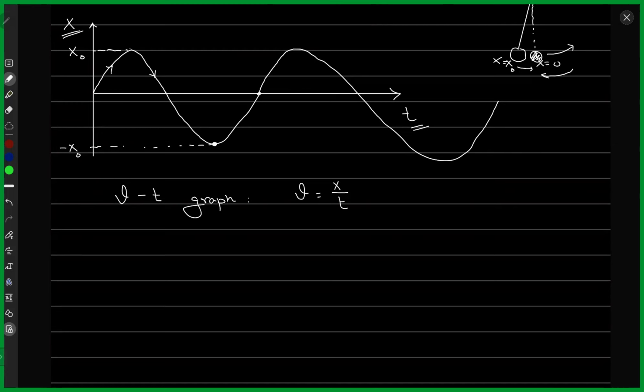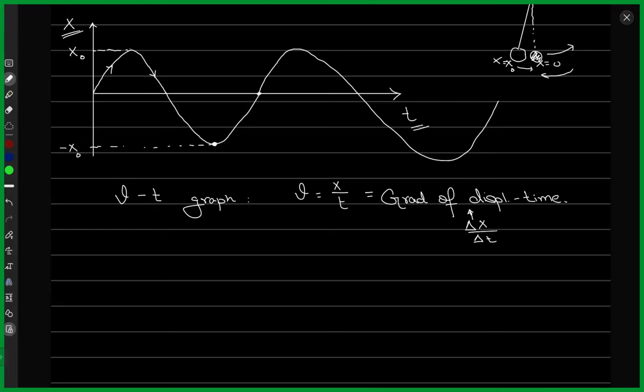Or in other words, I can write the same thing as the gradient of the displacement time graph, right? Because the gradient of displacement time would be change in x divided by change in time. That's the gradient of a displacement time graph.